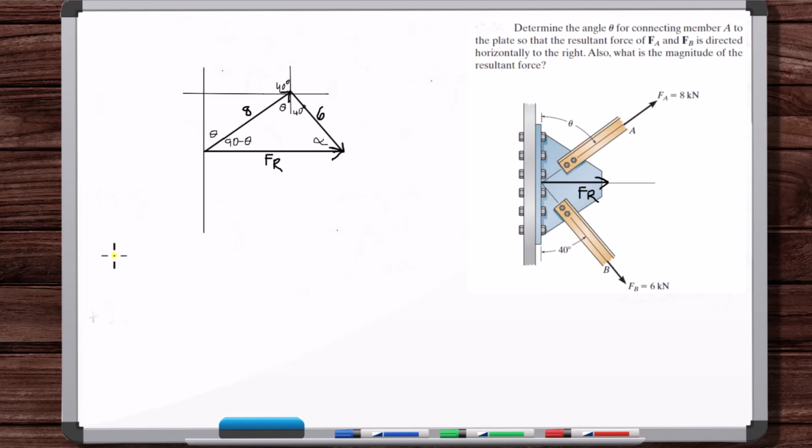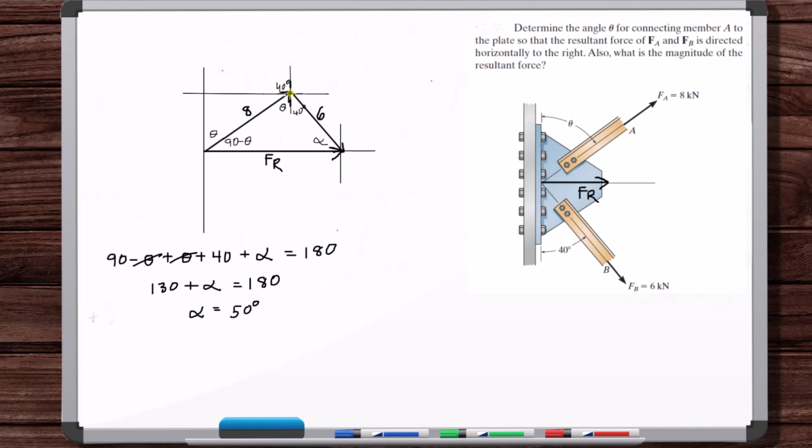So 90 minus theta plus theta plus 40 plus alpha is equal to 180. So the thetas go away. 90 plus 40 is 130. Alpha is equal to 50 degrees. Okay, but we still can't find theta, so let's keep looking at these angles here.